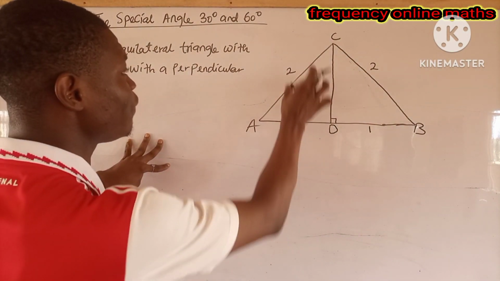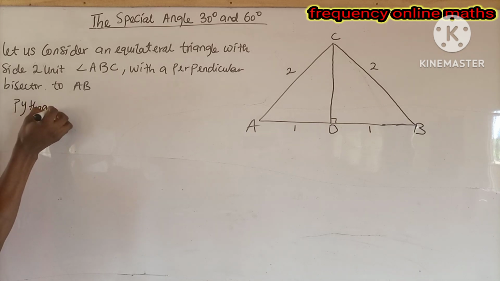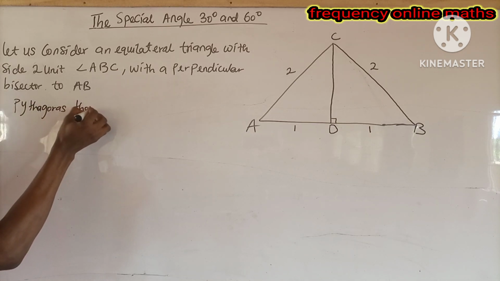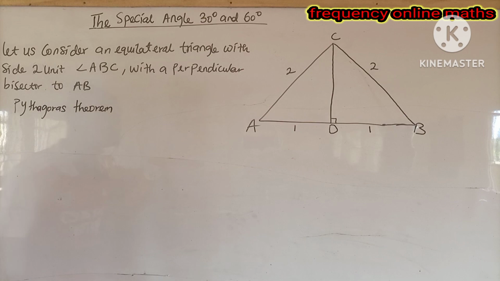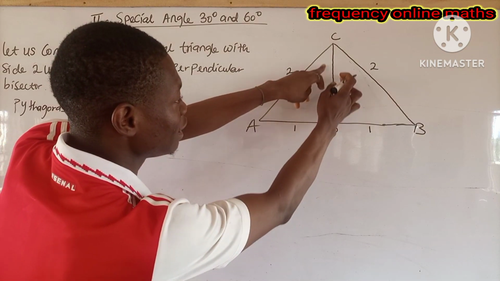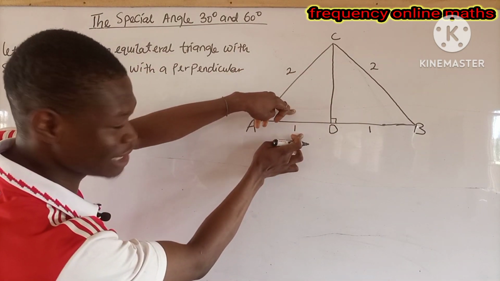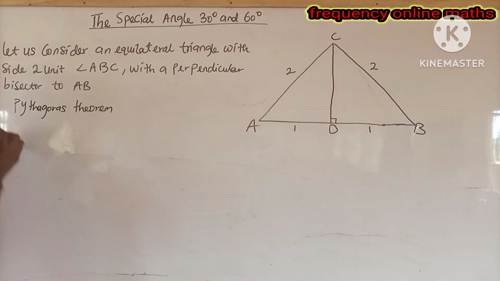Now, in order to find this side, we are going to consider the Pythagoras theorem. This theorem tells us that the longest side squared minus the shorter side squared gives the other shorter side squared.